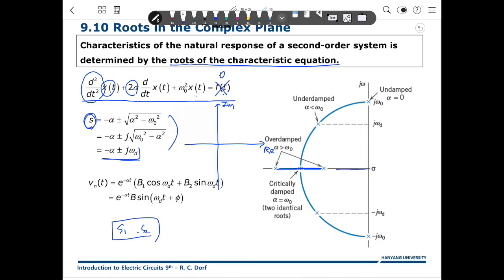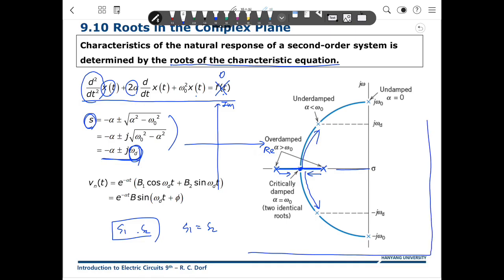When critically damped, S1 goes to S2, two roots going toward each other and meeting here. Then for underdamped, there will be imaginary parts, so they go up here and go here.